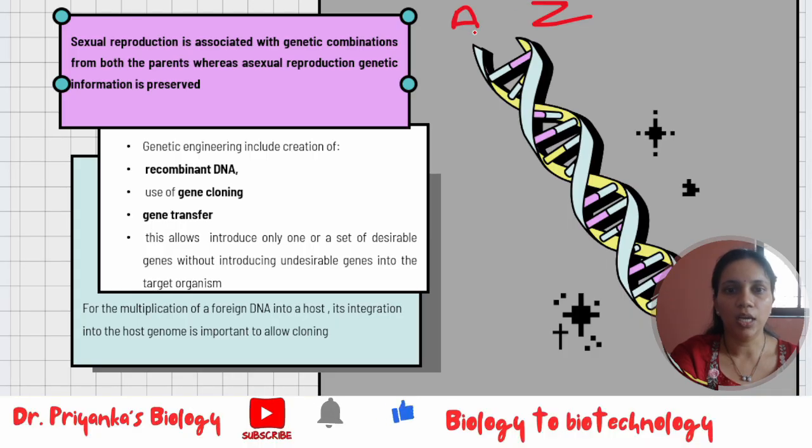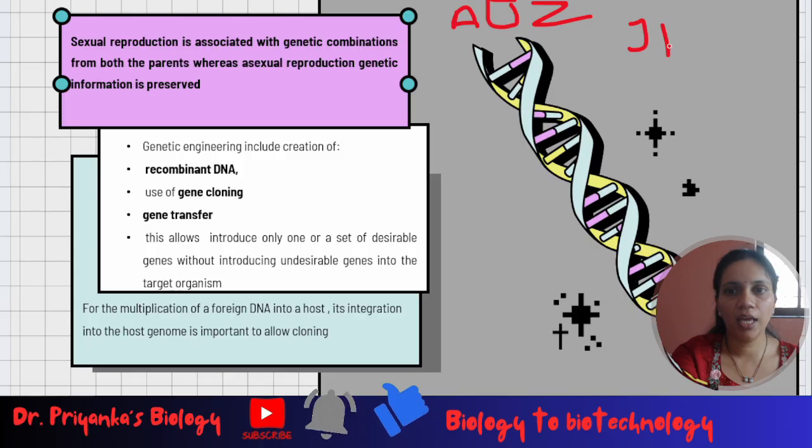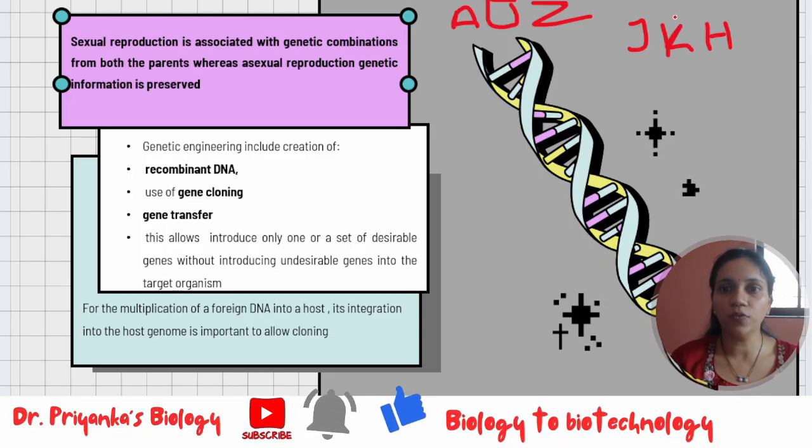And suppose you want to select only the alphabets in the middle, say J, K and H. If you want to choose only these alphabets, but you have the entire stretch of the alphabet starting from A to Z, your job is to pick only J, K, H. So what will you do?